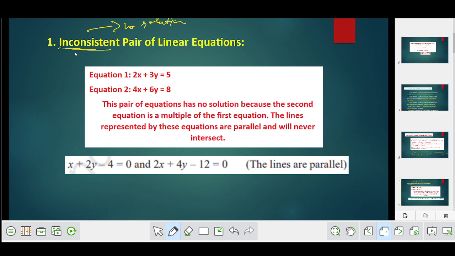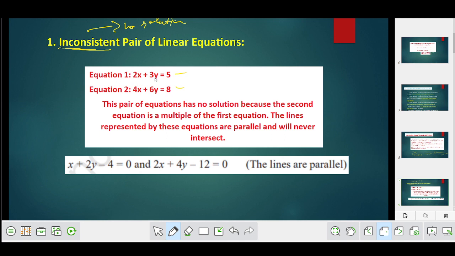We say the equations are inconsistent because they have no solutions. Here, given equation 1 and equation 2, these are a pair of equations, but they have no solution because the lines are parallel.